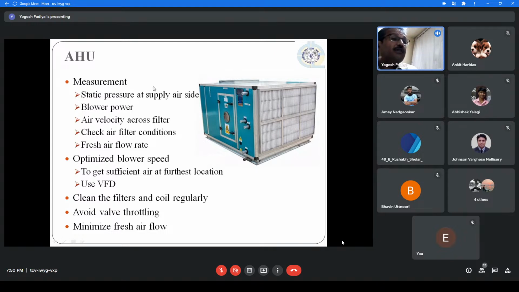Now, what are the measurements you need to do? You need to measure the static pressure at the outlet, because this air has to reach the furthest location, and the blower's power. Measure the air velocity at each place, so that you will know how much air will flow.